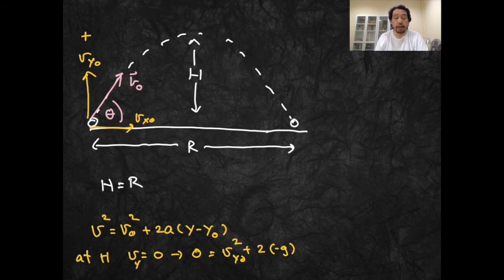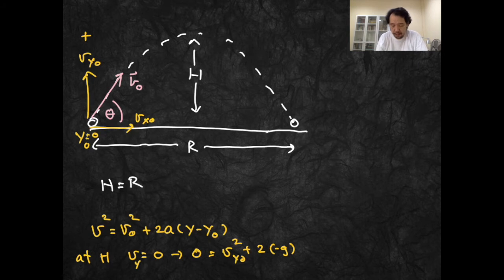so the gravitational acceleration is equal to minus g. The minus means the direction of the acceleration points down. And y minus y0, we can take y0 equal to 0 at the original point, at the initial point.